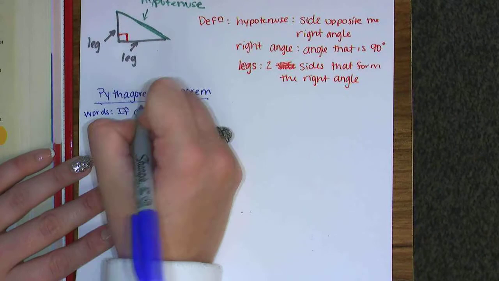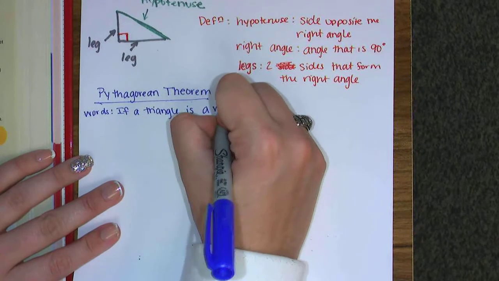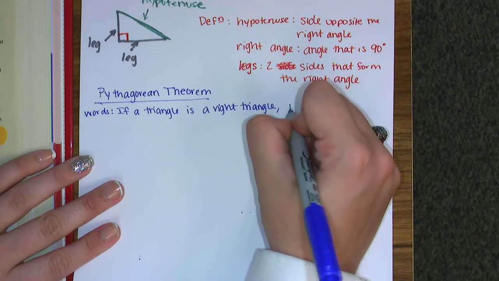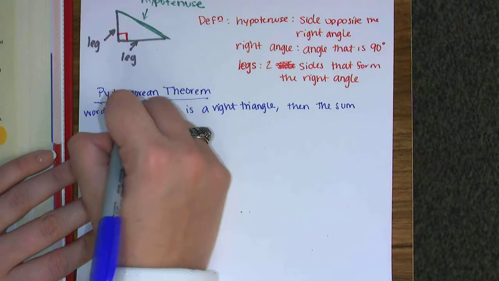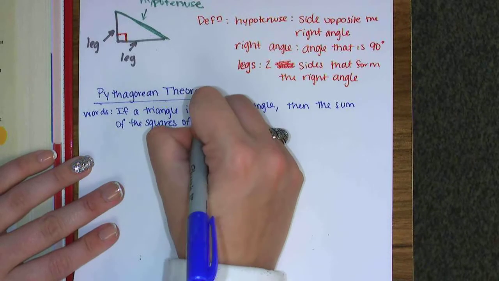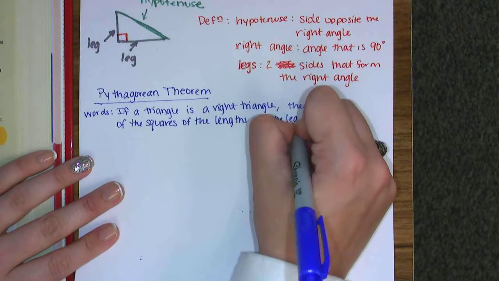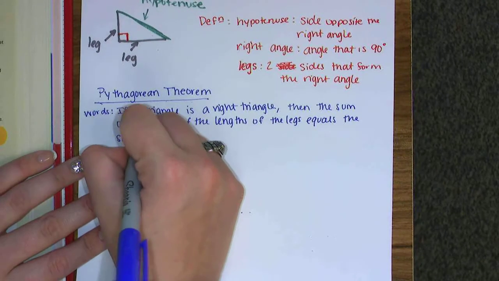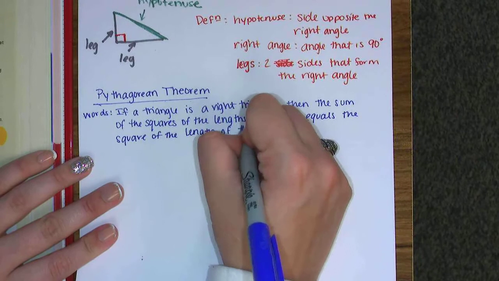If a triangle is a right triangle, okay, so this only works for right triangles, then the sum of the squares of the lengths of the legs equals the square of the length of the hypotenuse.